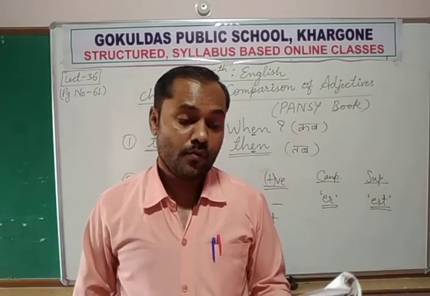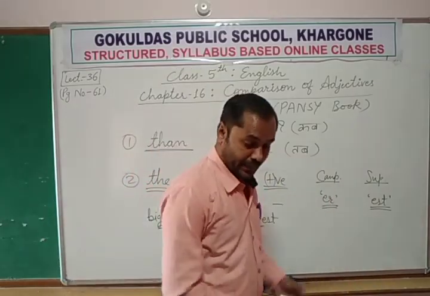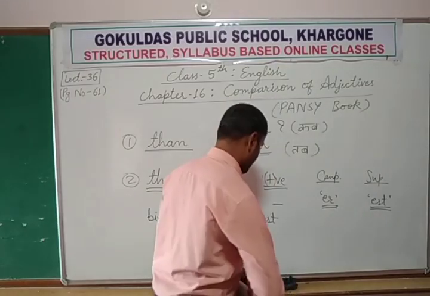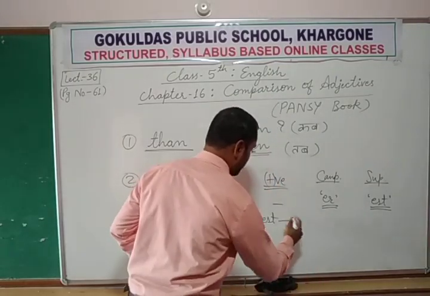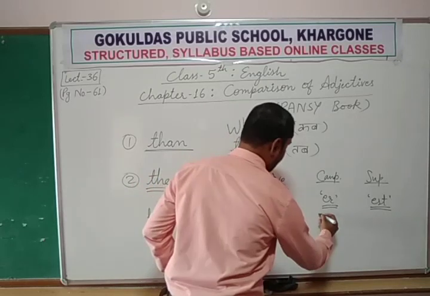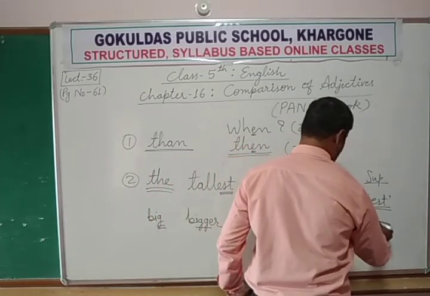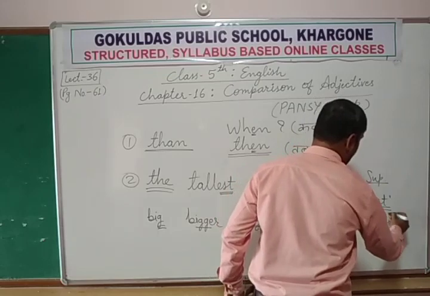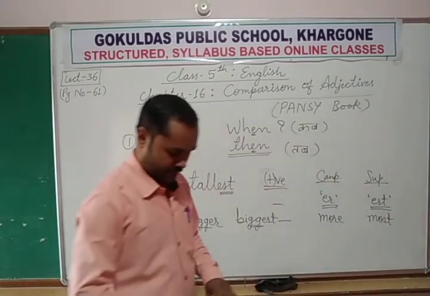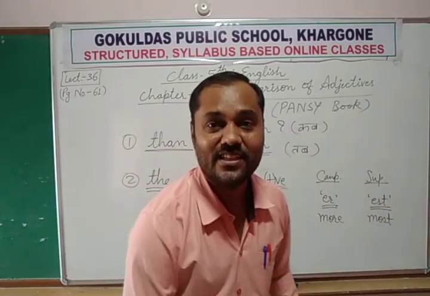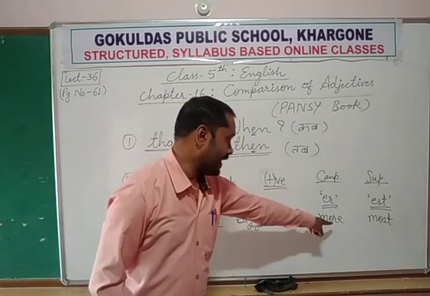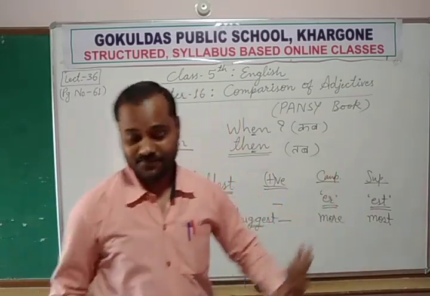What is the rule? When we make the comparative degree from the positive degree, we add more, and to make the superlative degree, we use most. We don't change the main spelling, but we add more and most.